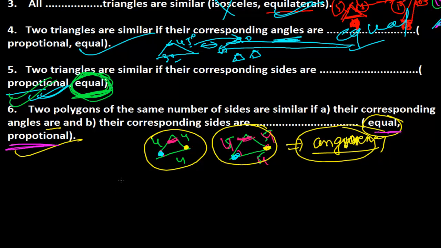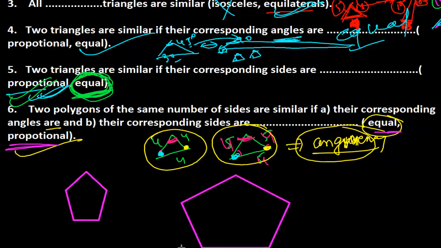If you have, suppose, two pentagons, one here and another there, then all angles should be equal and the sides should be proportional. If one side is x, then the corresponding side should be m times x.